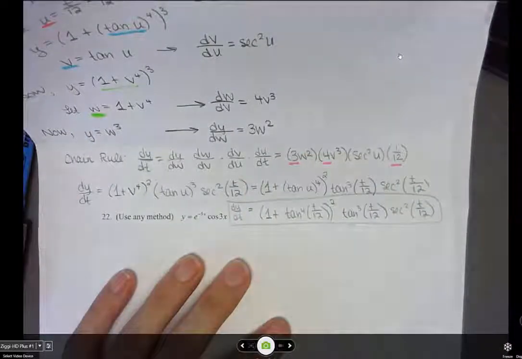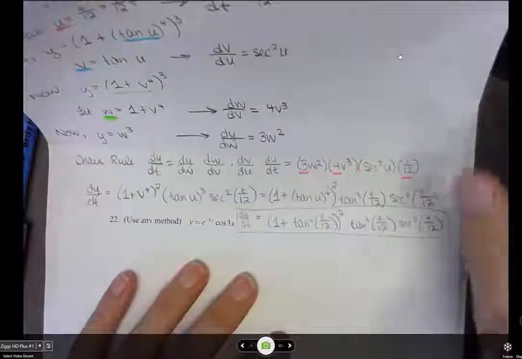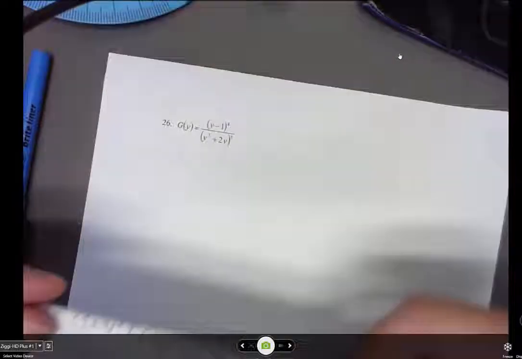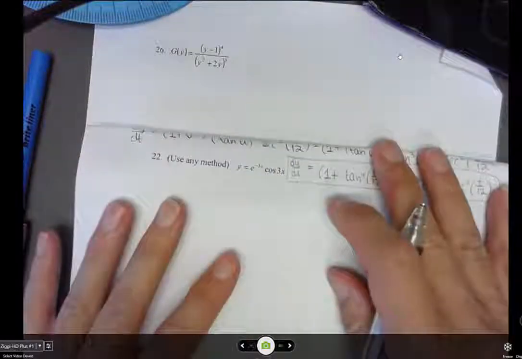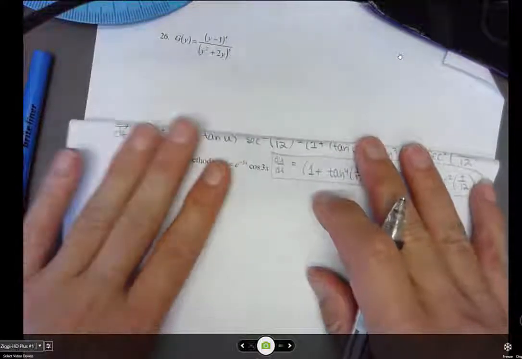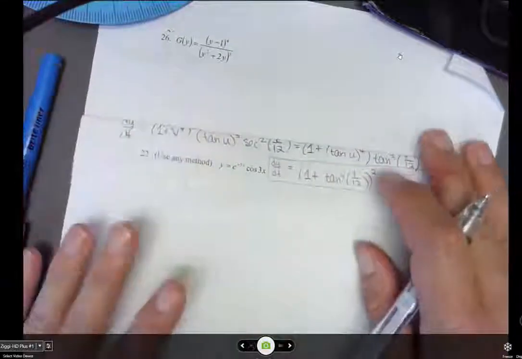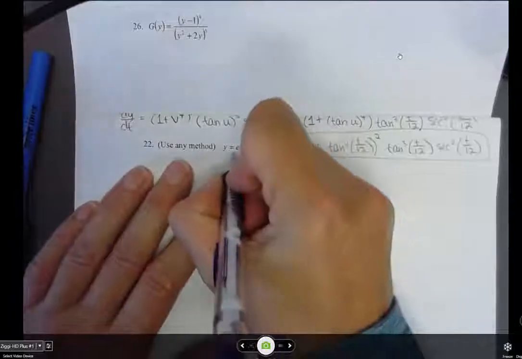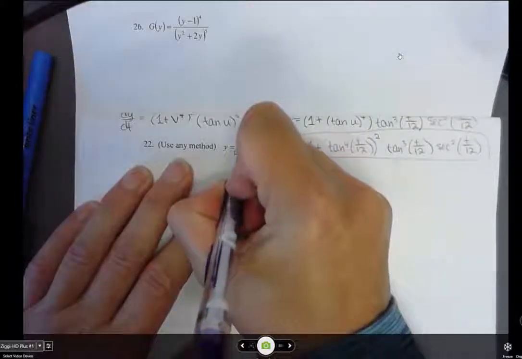Okay, the next problem. So use any method. Well, think about the rules we're using here. Hopefully you see right away that we have to use the product rule, where this is our u and this is our v.